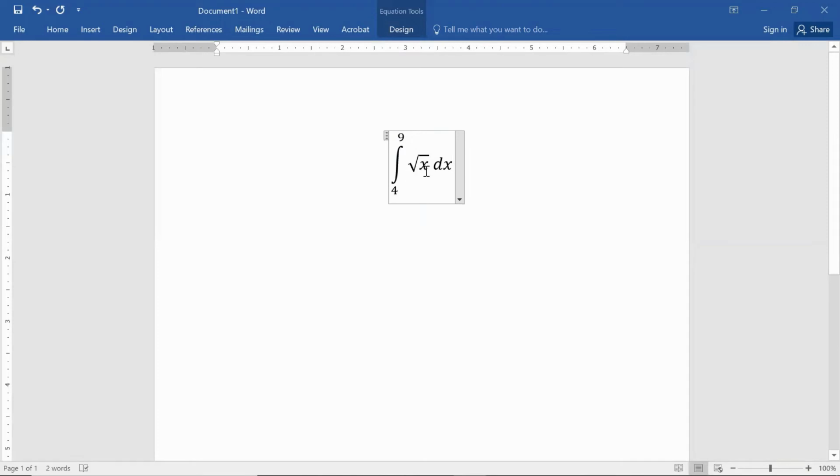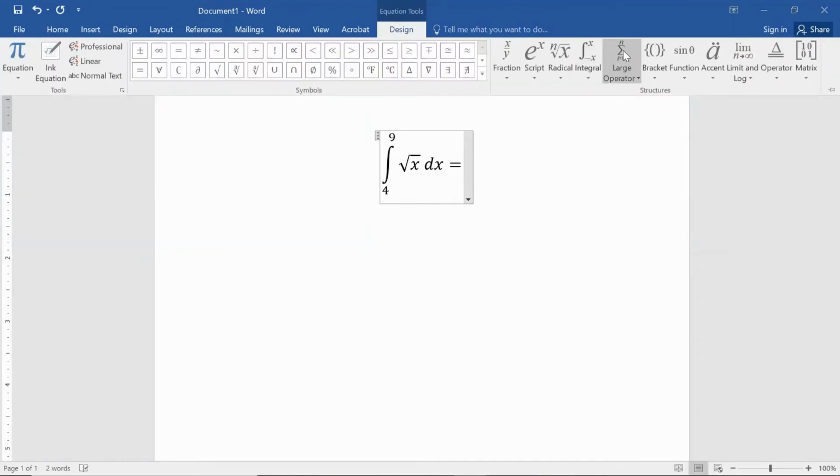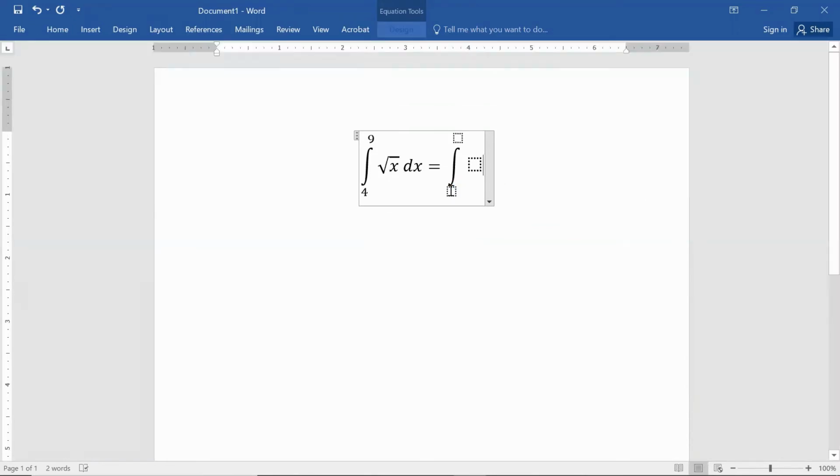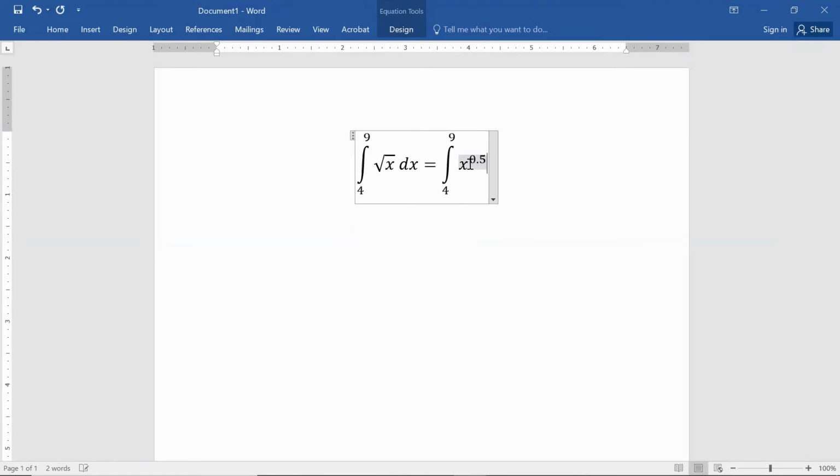In order to take an antiderivative of the square root of x, what I really should do is integrate from 4 to 9 x to the 1/2 power. I'm going to write 1/2 power as just the 0.5 power.